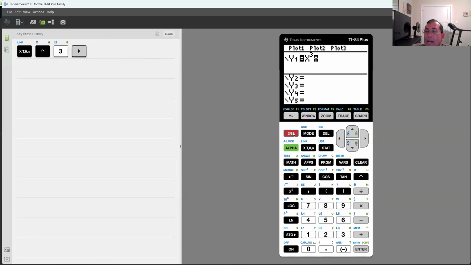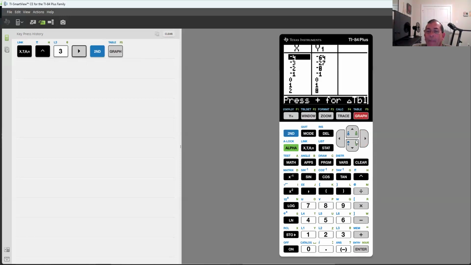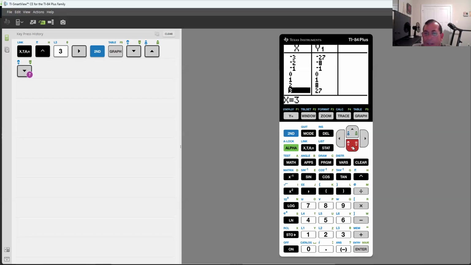Now y'all look at this table here, second graph. So look, if you'd have used a -4, your graph would have been out to -64, -3, -27, 2, 8. So that's the biggest we had. 3 would have been 27, 4, 64, 5, 125. If you'd have picked a 6, your graph would have been out to 216. Y'all, that's too big for a piece of white paper, okay?